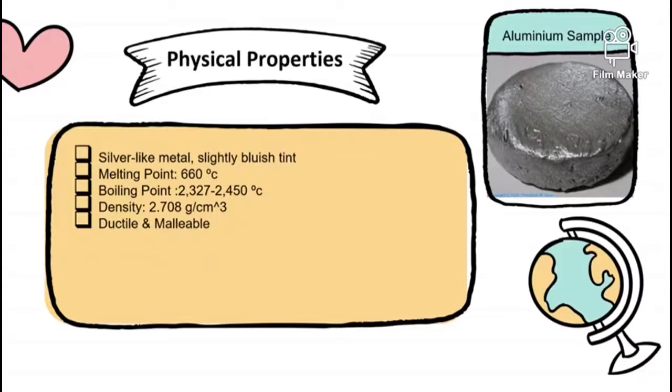It also has a density of 2.708 gram per centimeter cubed. It is also ductile and malleable. In other words, it can be shaped and stretched into a wire.